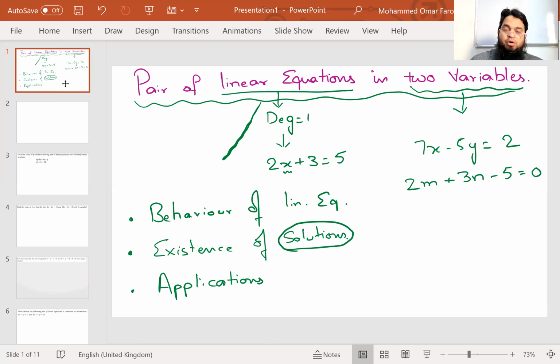So in this lesson, let us see the main thing, the behavior of linear equations, and in finding the solutions, let us see the first method of solution, which is nothing but the substitution method. Today we are going to see these two concepts in pair of linear equations in two variables.